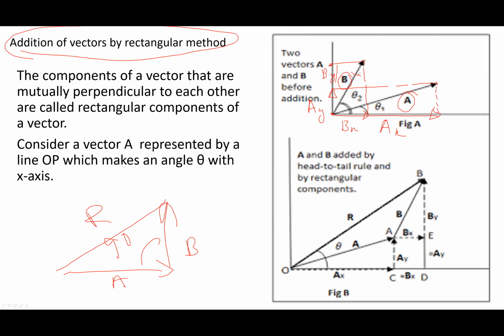We draw a parallel line to this vector, like this. This is the horizontal component of vector B, and this is the vertical component of vector B. Now look at the next diagram.